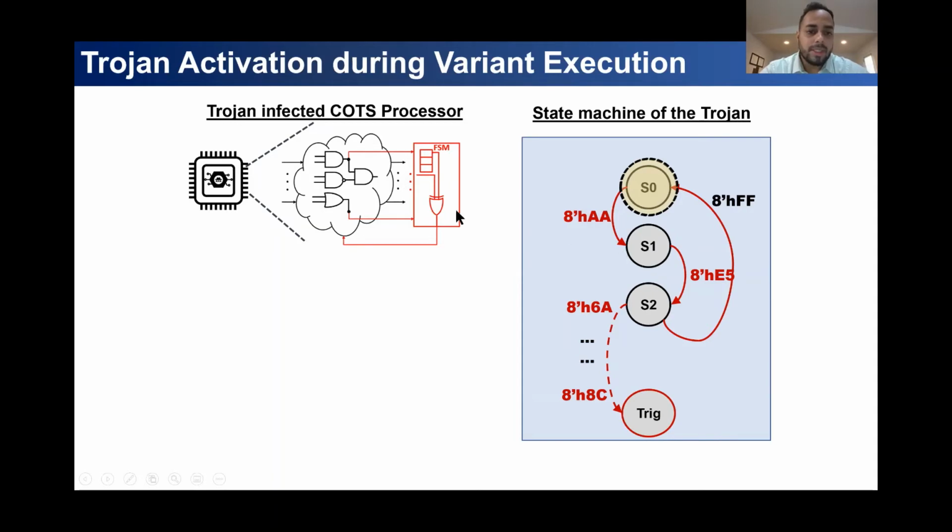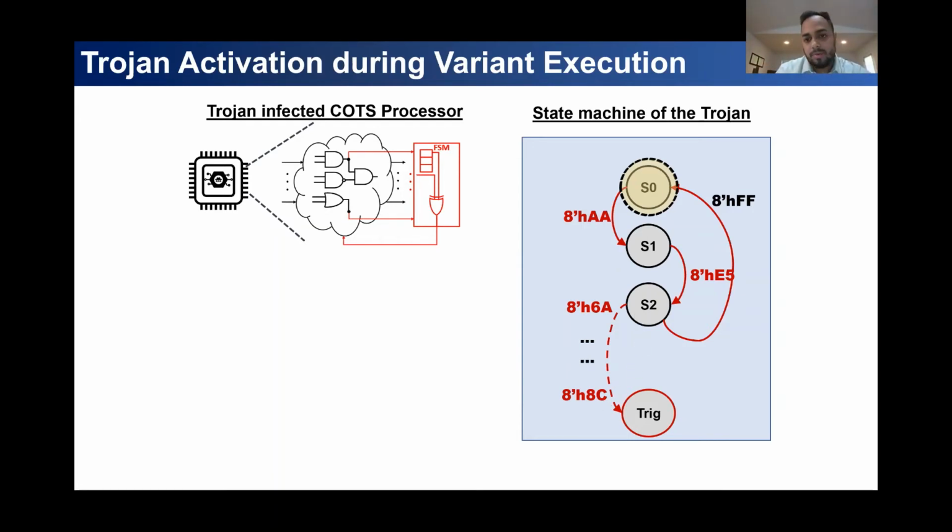Now, this Trojan is basically taking the trigger signal from various internal nets of the processor. So as soon as the specific values appear on those nets, the Trojan changes its state and it reaches the trigger condition. So you can see that the path it can take to trigger will require it to have these specific hex values that are shown in the state machine.